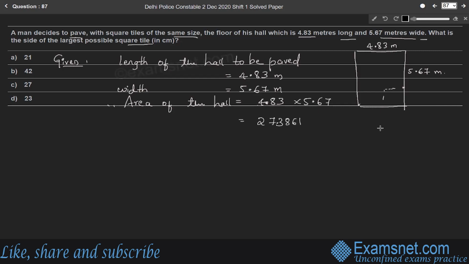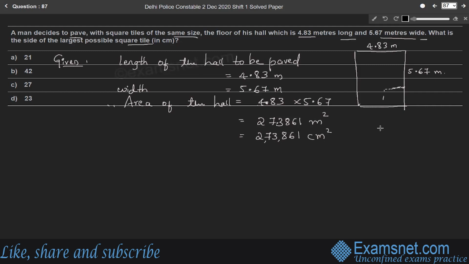which is 27.3861 meters square or 2,73,861 centimeters square. Right. So, if the length of the maximum possible tile is x, then the area becomes x square.